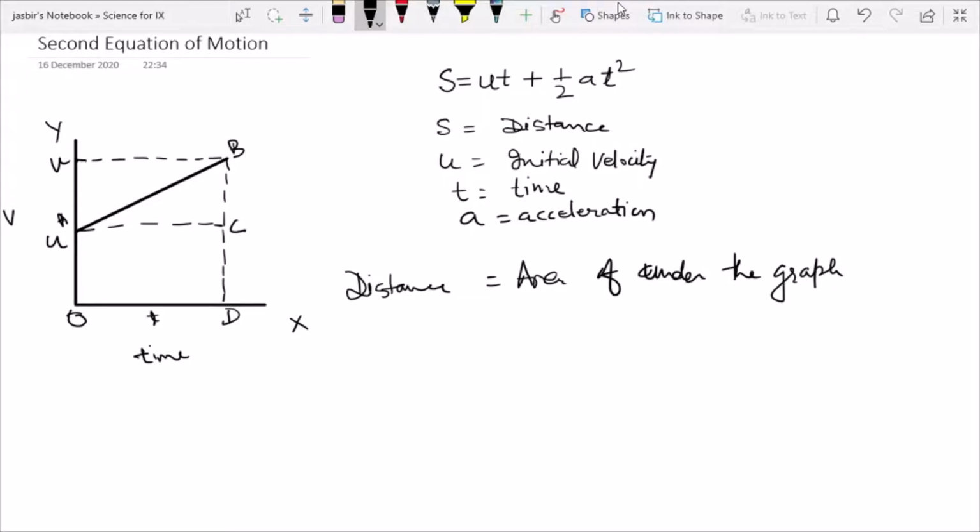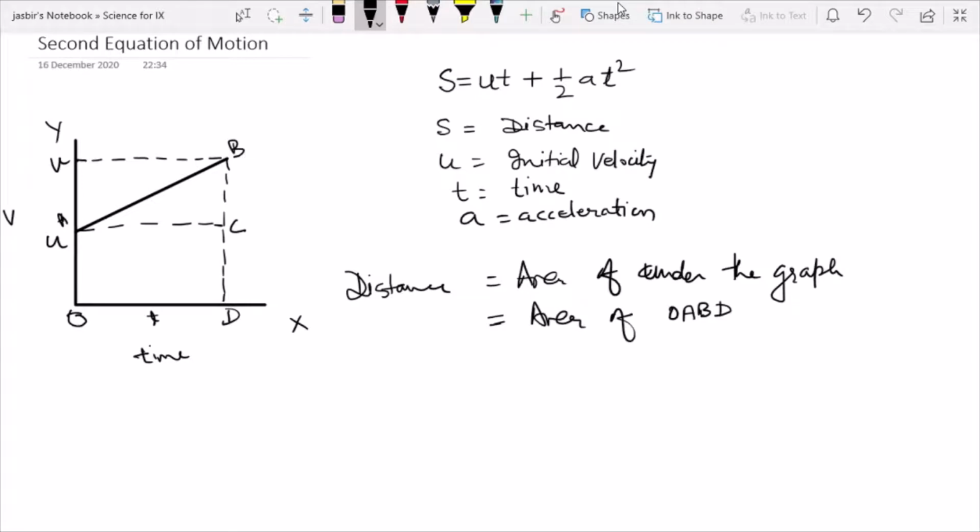So the distance traveled by the object in time t is given by area under the graph in time t, and here the area under the graph is this figure, area of figure OABD.